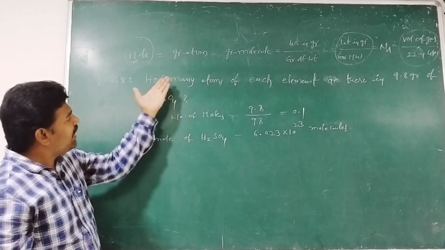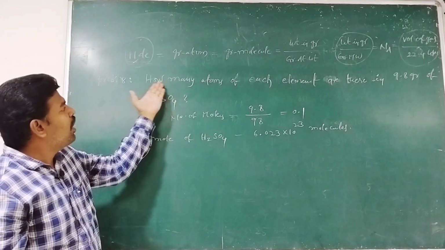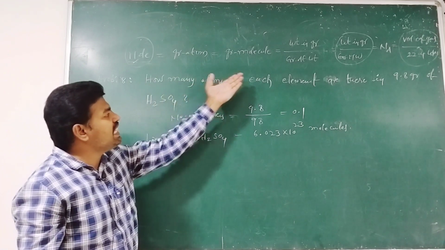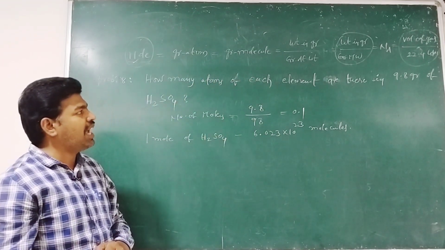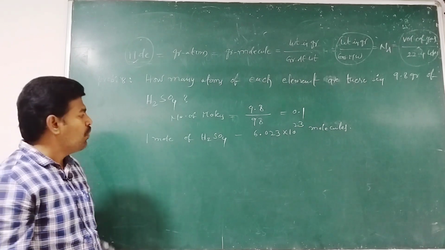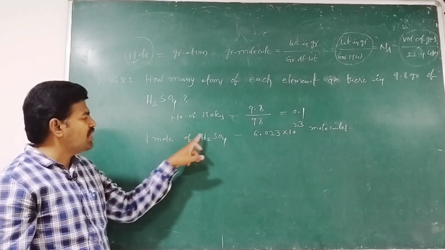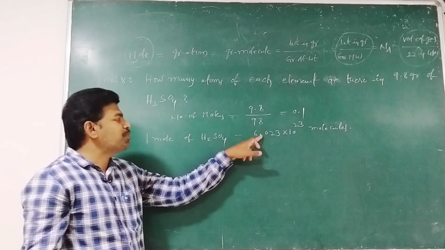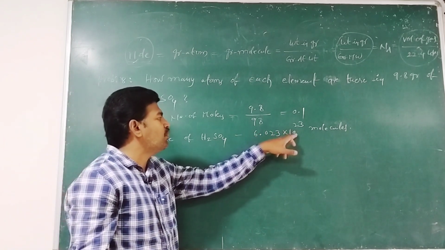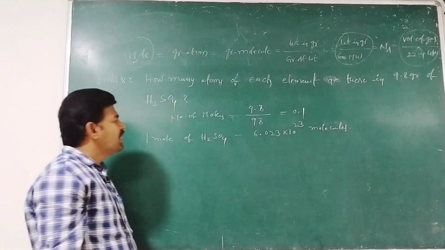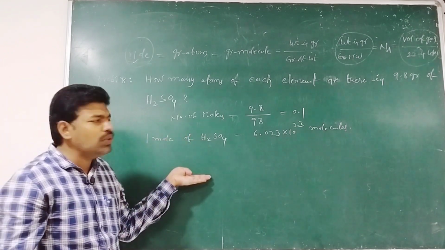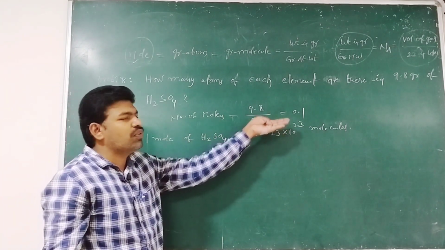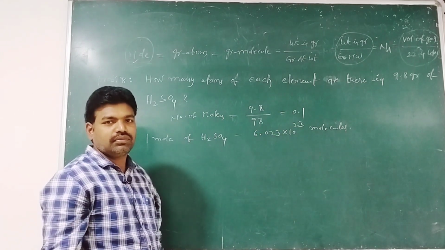So 0.1 mole of H2SO4 contains 0.1 into 6.023 into 10 to the power of 23 molecules.